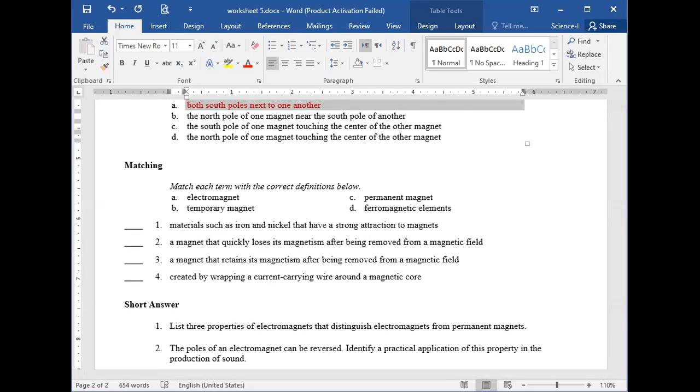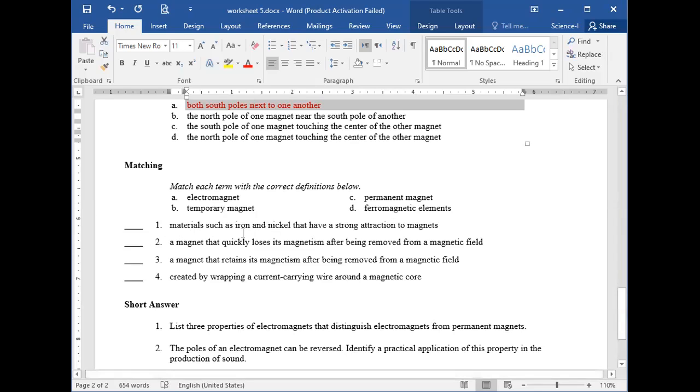Guys, please. Others, share. It's very easy. Yes, Hannah Hamdi. C. C, permanent magnet. That is, it's a material such as iron or nickel.